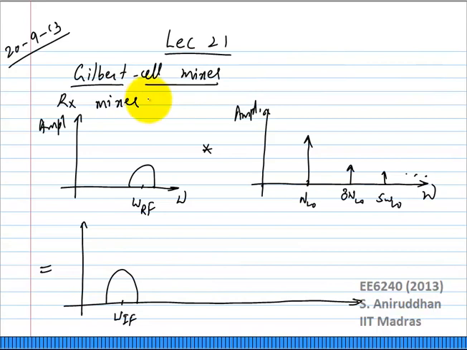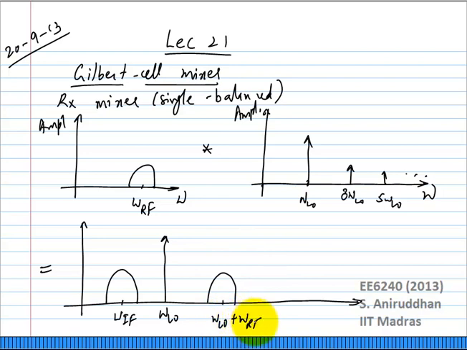So let us say this is a single balance mixer. You get omega LO, what else do you get? You get the other side. You get omega LO plus omega RF on the other side.